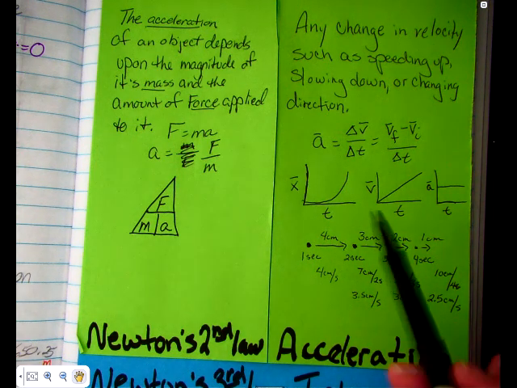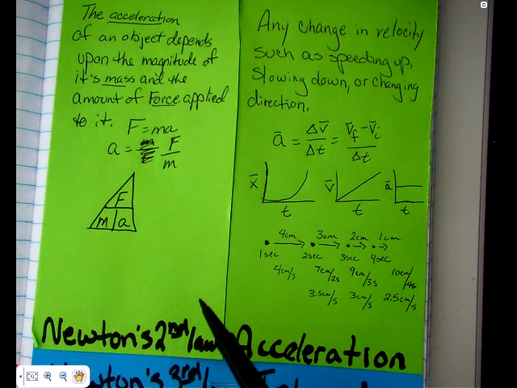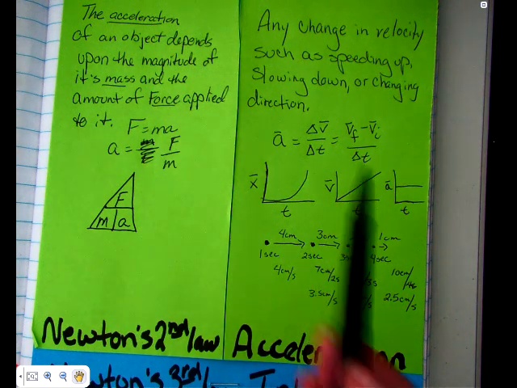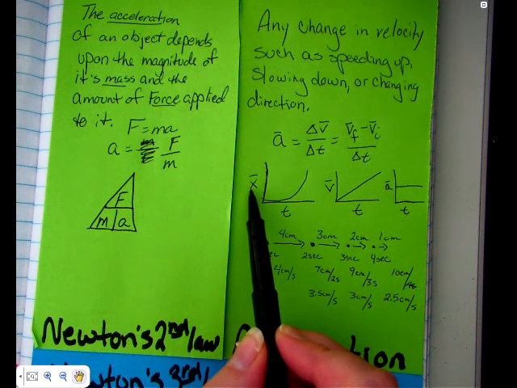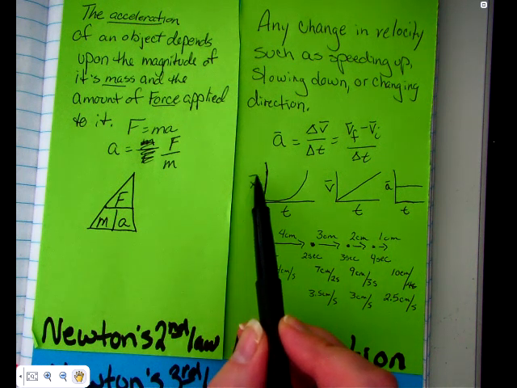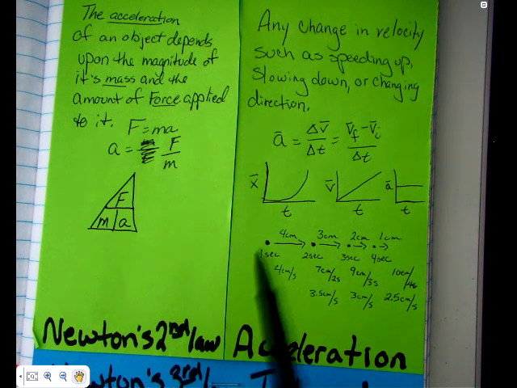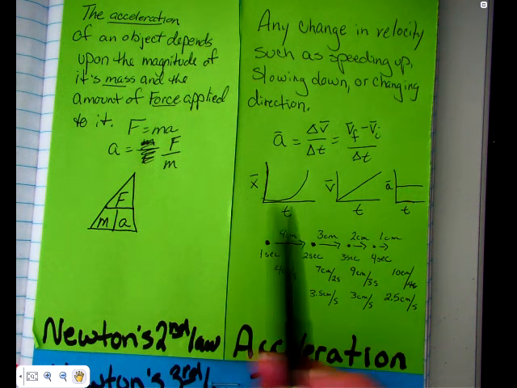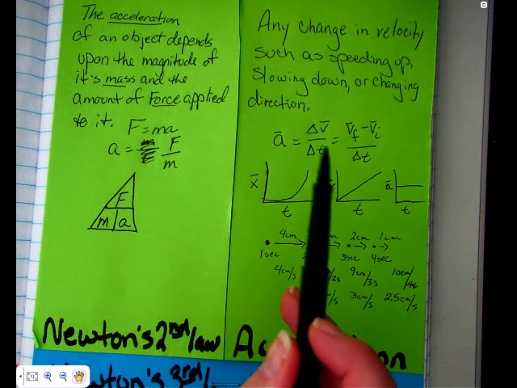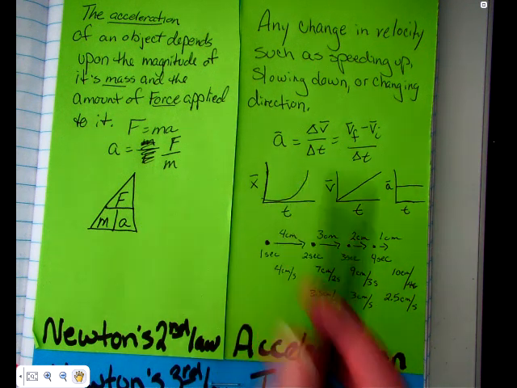Now I drew some diagrams. This is sort of a summary of the first 6 weeks stuff that we went over. This is our position graph. Notice X, and it is a vector, so this would be position, not distance, because it's in a certain direction. So when we have a position time graph, and to explain acceleration, it's a curve, because it's going one speed, but it's gradually speeding up.